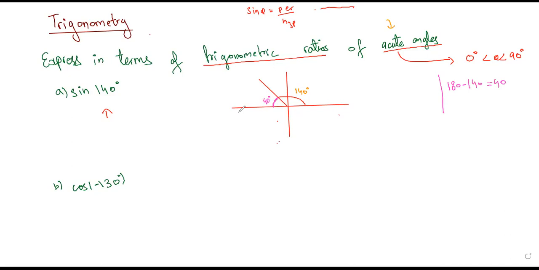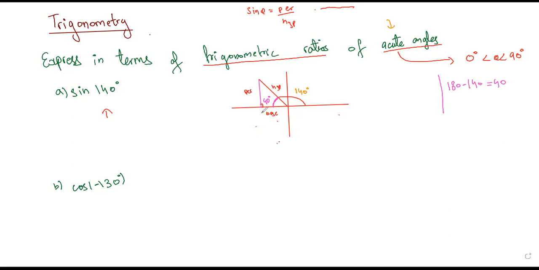Okay, very good. Now I'll make a triangle quickly because I'm interested in finding out the sine 40 value. So this is the right angle, that is 40. This would be the perpendicular side, and this would be the hypotenuse side, and this is the base. Okay.